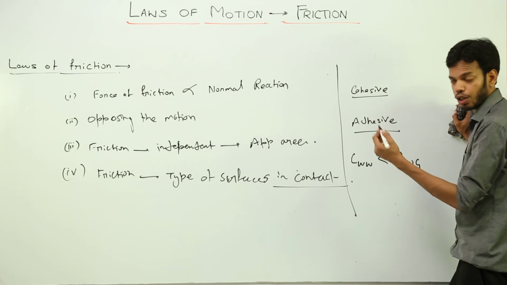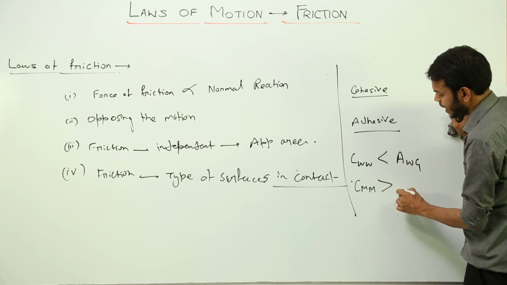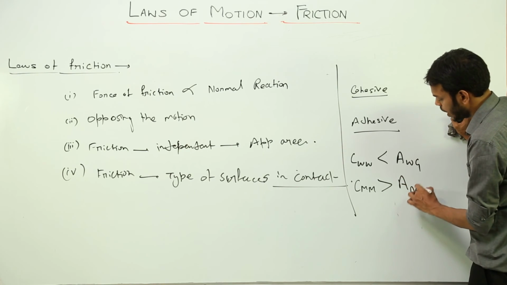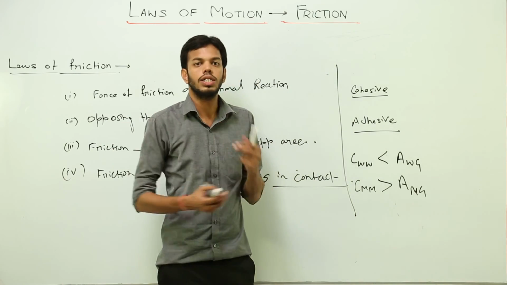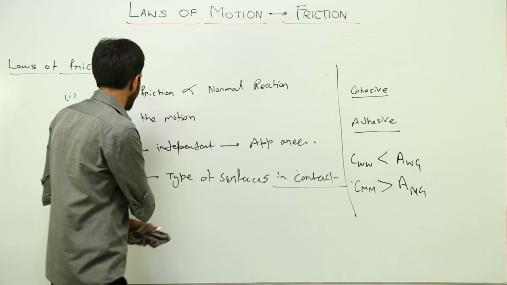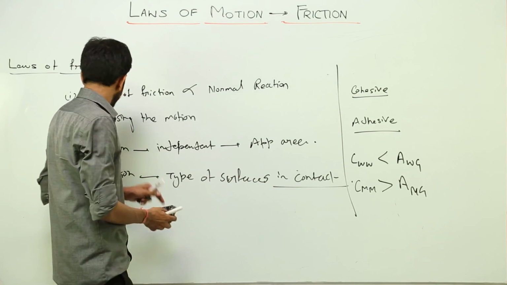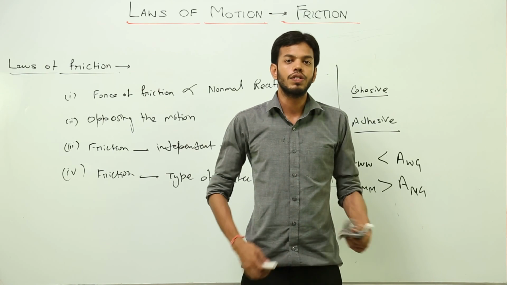But in case of mercury, the cohesive force between mercury and mercury atom is way greater than the adhesive force between mercury and glass. That is why mercury completely flows over or just slides over the glass surface. This part is somewhere included in this law, that the frictional force also depends on the type or nature of surfaces in contact.